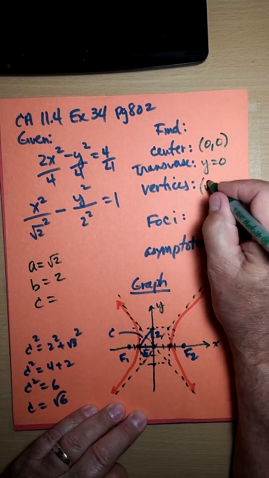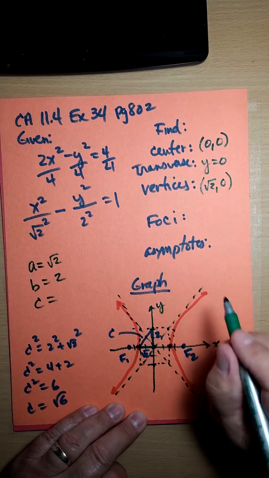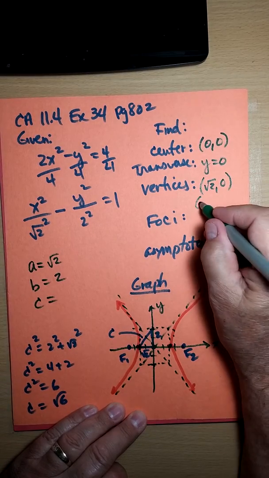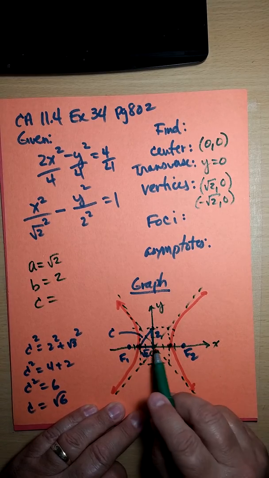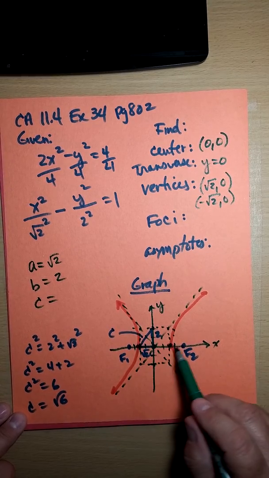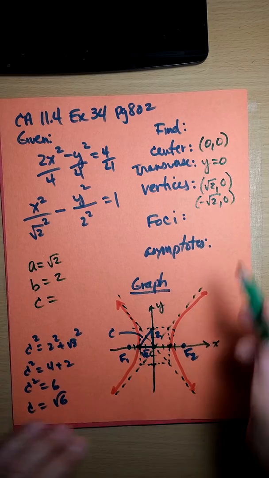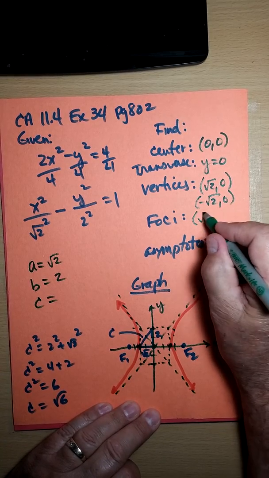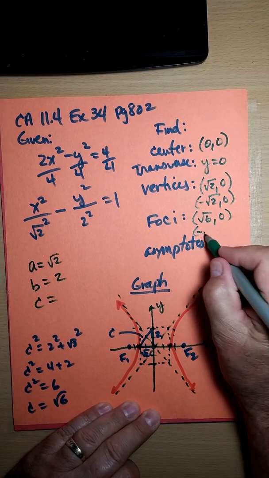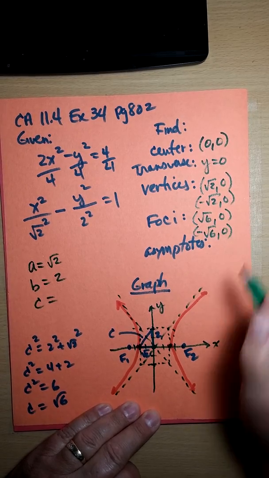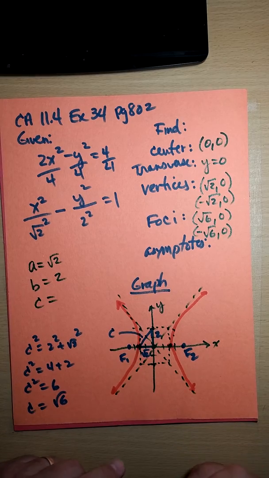So you go over square root of 2 units, stays 0 on the y, or you go to the left square root of 2 units and 0 for y. The foci: now we know c going from the center to a focus is the square root of 6. So we go square root of 6 over and 0 for y. Negative square root of 6 and 0 for the other focus.